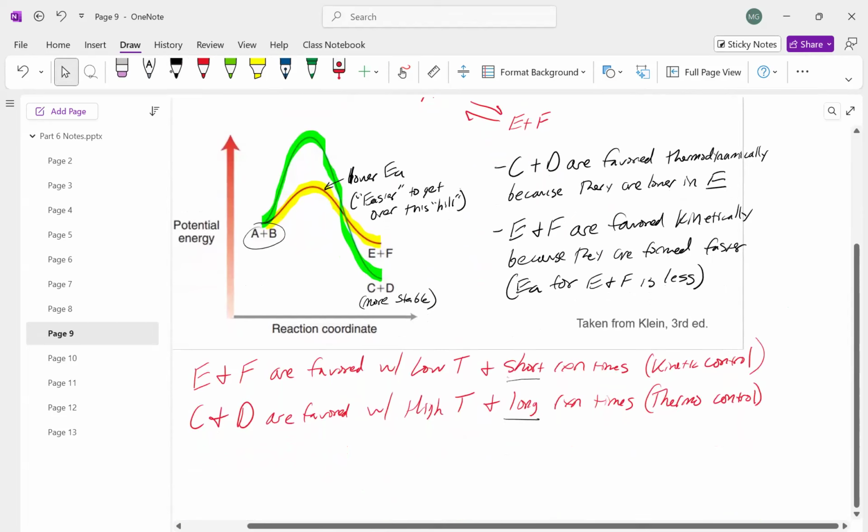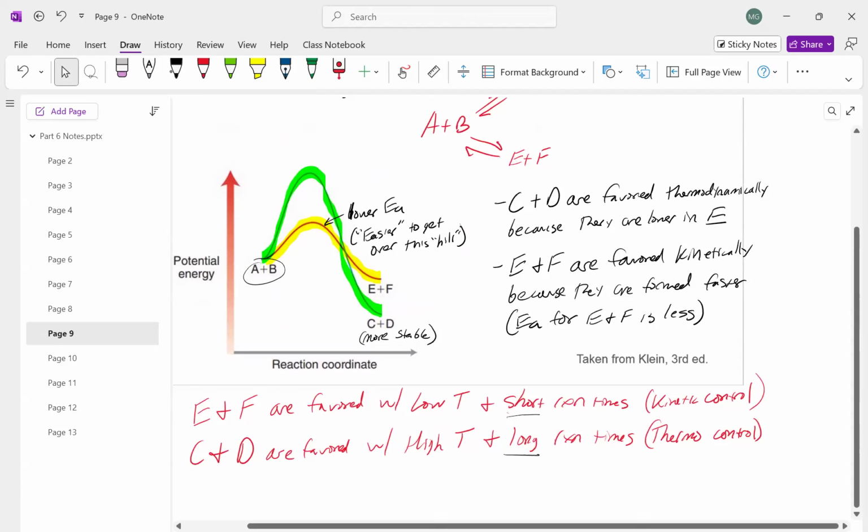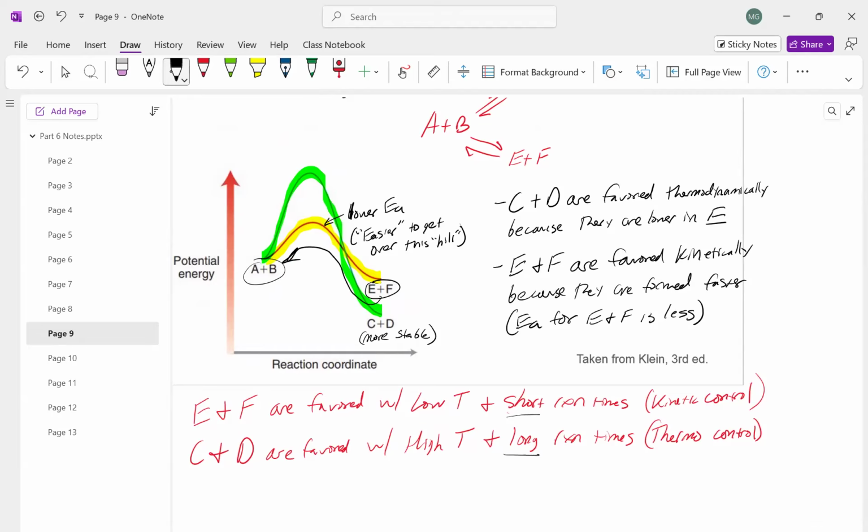Well, remember that most reactions, especially in OChem, exist in equilibrium. The longer the reaction progresses, the more chance there is for E and F to go back to A and B. And especially if it's long reaction times, then it's going to go down this pathway. So long reaction times favor the thermodynamic product.